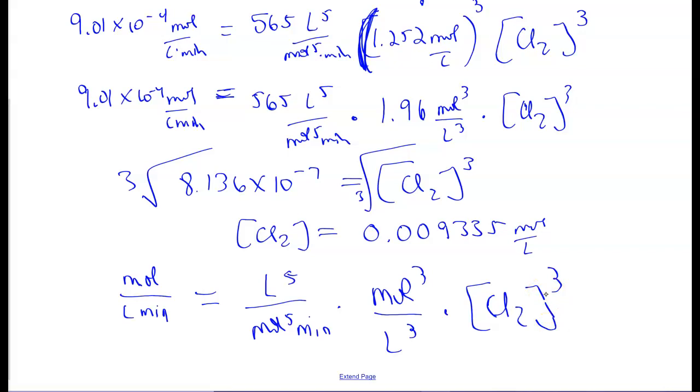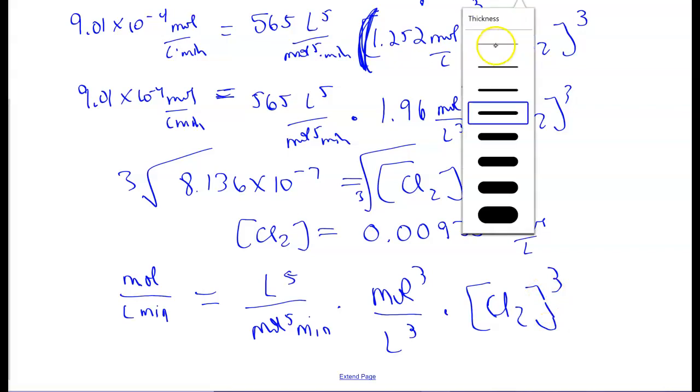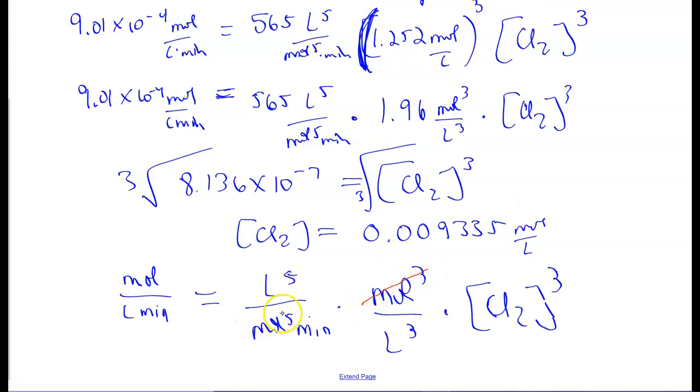So now you should be able to recognize that these 3 moles will make this go to a 2, because when we divide exponents, we subtract them. And that makes this a 1. And these 3 liters make this go to a 2.